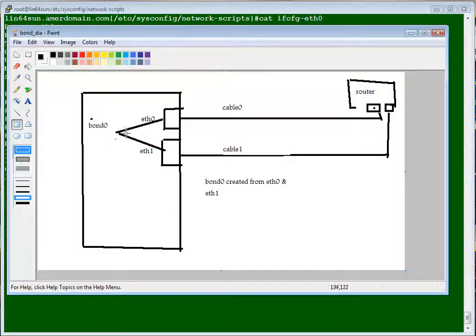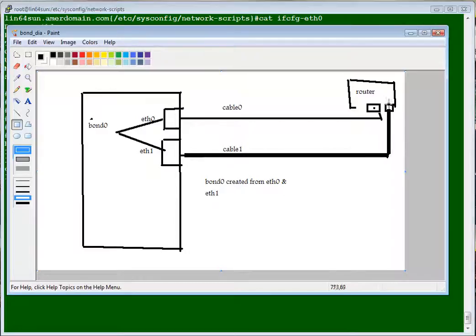That's the reason: if you configure bond0 and something is down, your bond0 will still work, because you have another complete path, another physical card, another cable, and another router port.